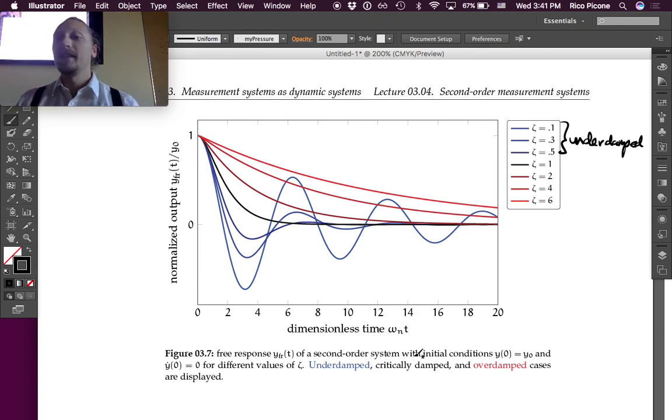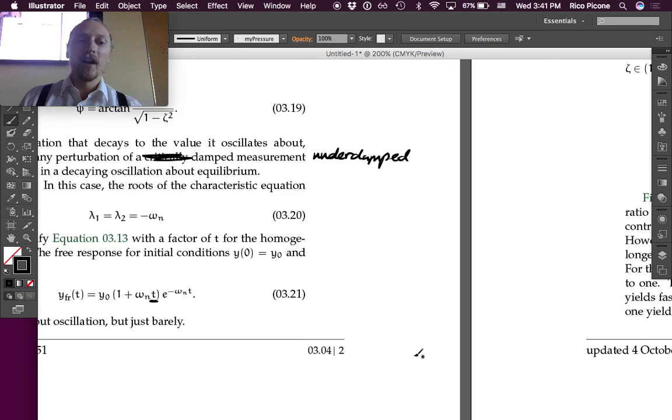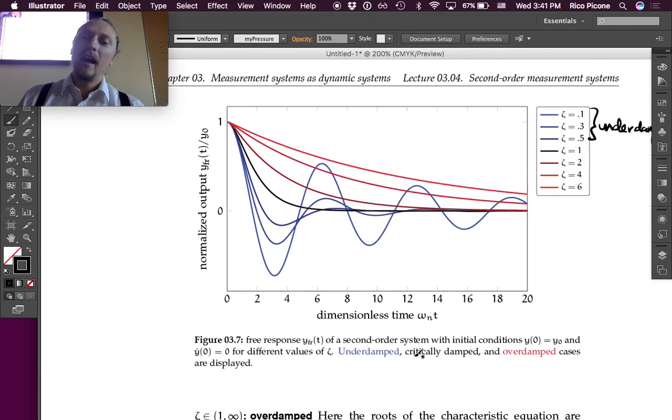But it turns out that in all of these expressions, time is always multiplied by omega n. So if you make that your new variable, omega n t, it happens to be dimensionless because radians per second times seconds, and so the seconds cancel.